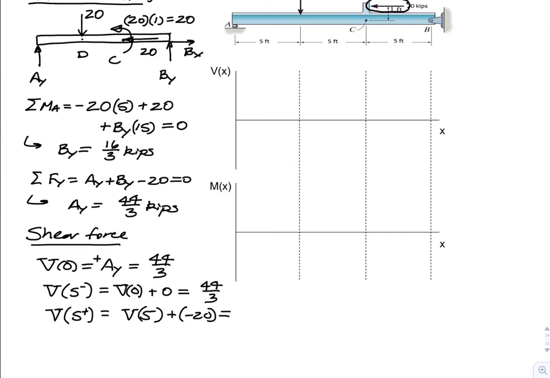So that's going to give us minus 16 thirds kips. And then V at the right side at 15, that's what it is at 5, plus there's no change along the way because there's no distributed load, so that's still minus 16 thirds.